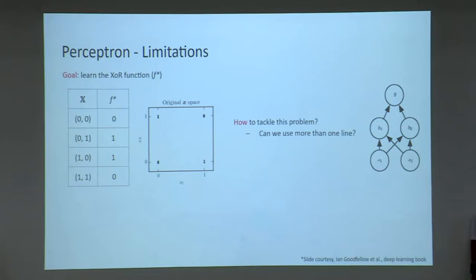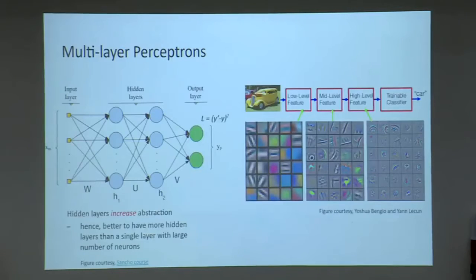So for a little bit more complicated problem like this, just one neuron may not be sufficient. What you need to do is use multiple neurons. And the generalization of this is this. You have this input layer, and the output is given to you, generally a label. And then there could be multiple hidden layers.